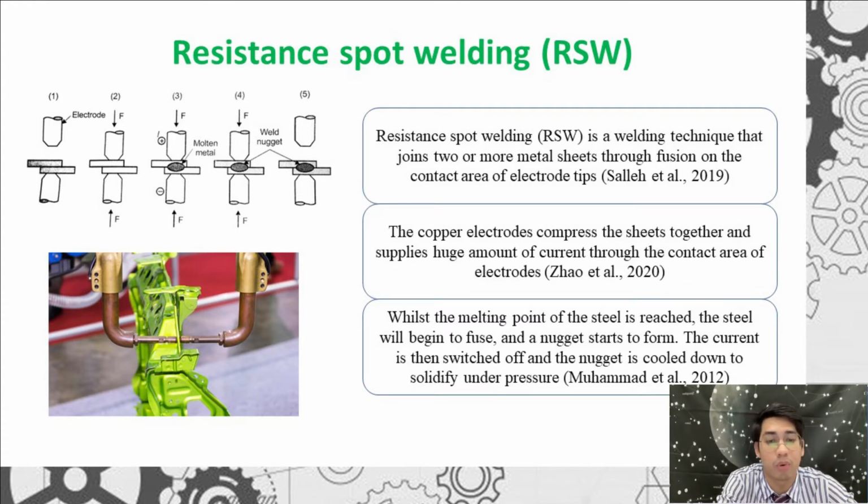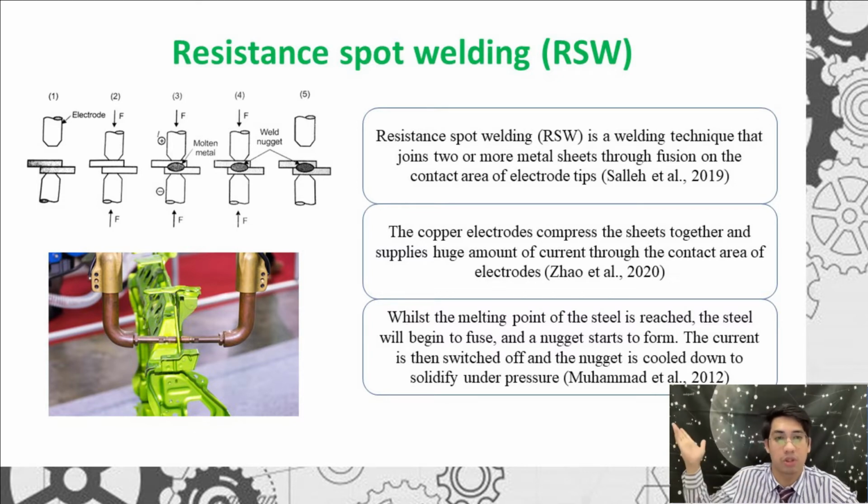Once the melting point of the steel is reached, the steel will begin to fuse and nuggets start to form. The current then switches off and the nugget is cooled down and solidified under pressure. You can refer to the top picture over there, the spot welding process, and the bottom picture is the resistance spot welding in progress.